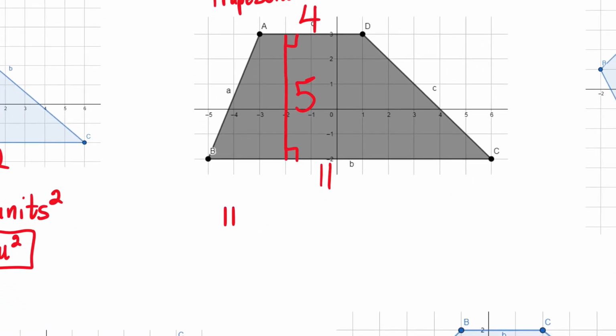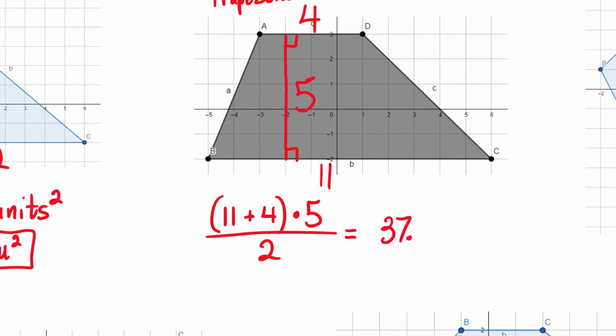So, base 1 plus base 2 times the height, all divided by 2. And this is going to give you a decimal. What does that give you? 37.5. Yep, 37.5 square units.